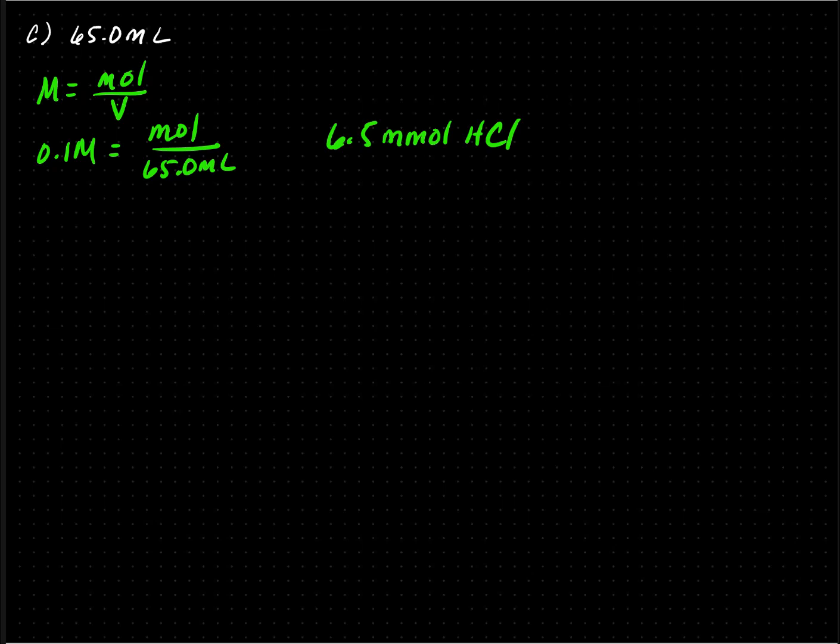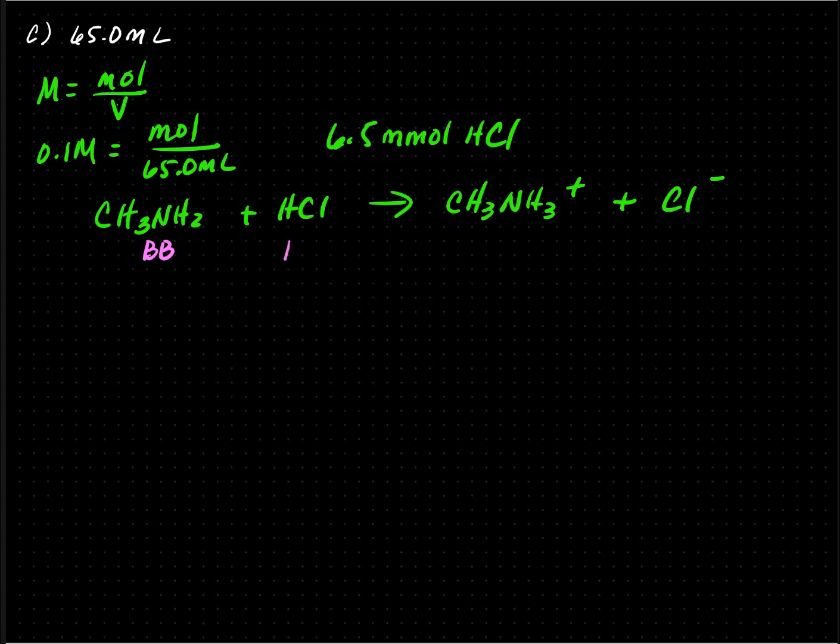Since a strong acid is added to the weak base, I need to write an acid-base reaction. This will create a conjugate pair. Write it as a Bronsted-Lowry acid-base reaction. This is my weak base, which will be my Bronsted-Lowry base, and my strong acid is my Bronsted-Lowry acid. HCl will donate an H. This is why it gained a hydrogen, and since it was neutral and gained a hydrogen, it now has a positive charge.